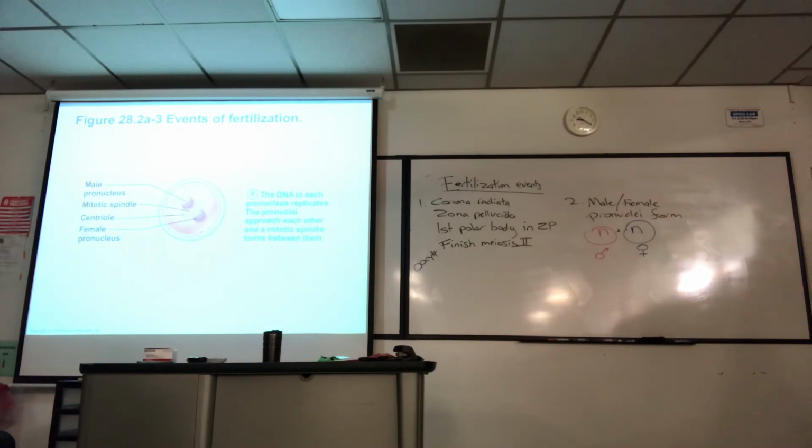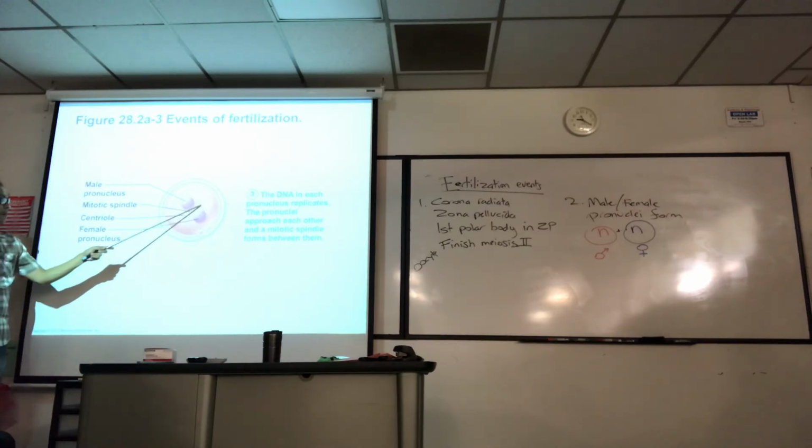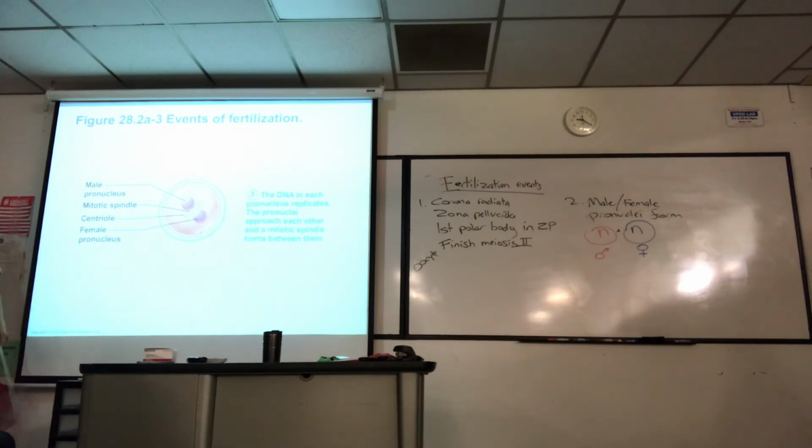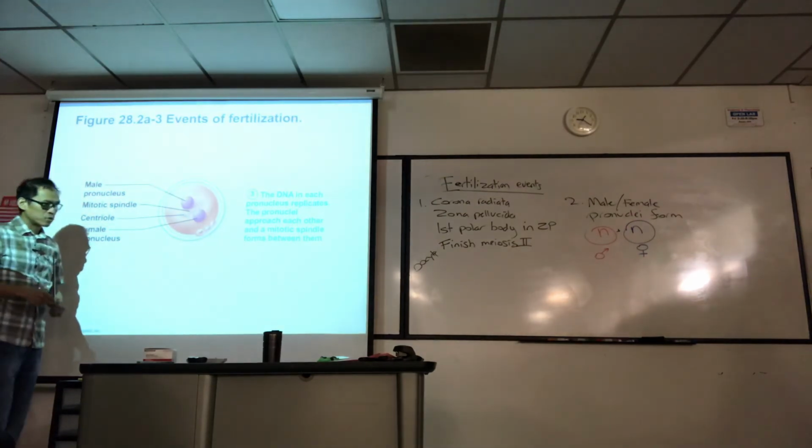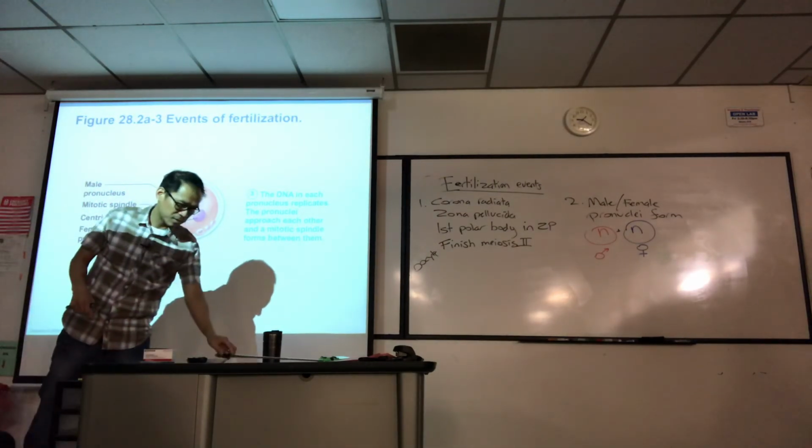All right, next step. The pronuclei, they swell and they get close to each other. And you can see the spindle apparatus forming. It's going to help in mitosis. Because right now, this is fertilization. We're just talking about one cell, but it must divide.